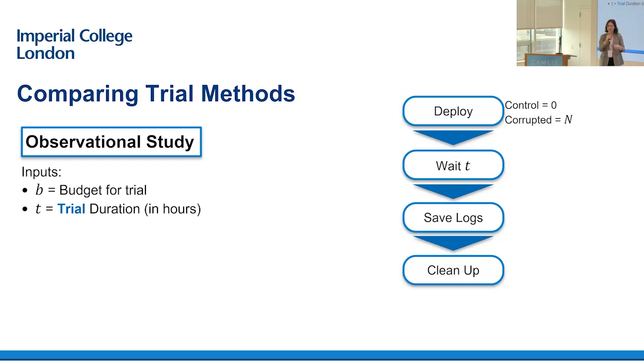We've heard a lot of different fields throughout the day, whether you're doing insider threat or SQL servers or whatever. And then you wait some amount of time, you collect the logs, and then you clean up. And that's how you observe. But you have no information as to what would have happened had we not had a certain vulnerability, had we not had a certain port open, had we not had something else, that counterfactual information.